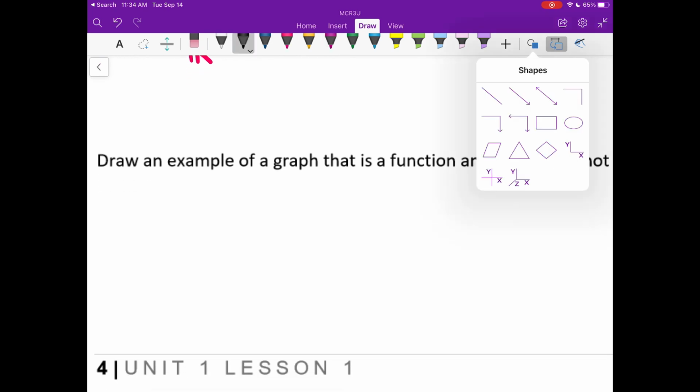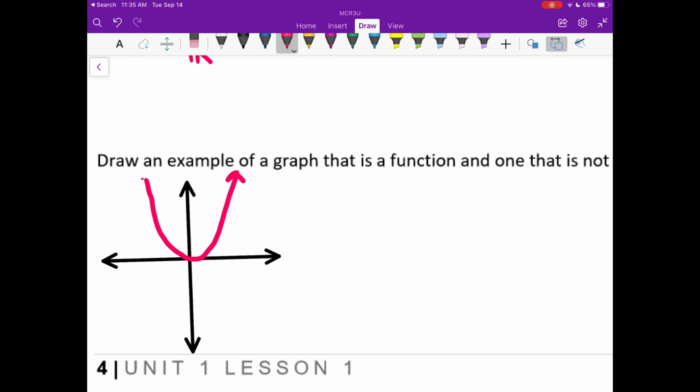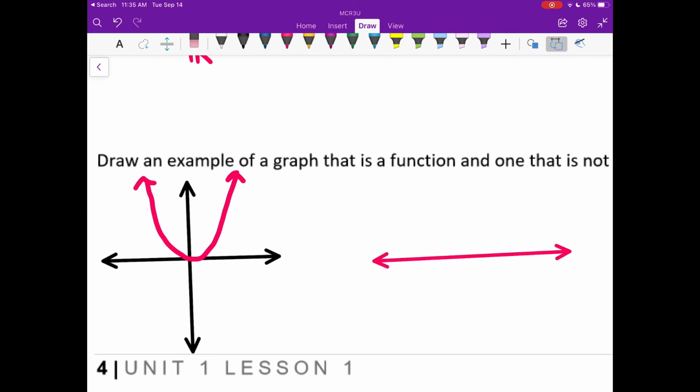So let's draw an example of a graph that is a function and one that's not. I would say pause this video and try doing it on your own, and then come back and we'll take this up together. So pause this video here and I will draw out our Cartesian plane and we can draw them together after. Okay, so hopefully you paused your video. The first one I did was this little parabola, because it was just the one that I remembered from last year, a quadratic.